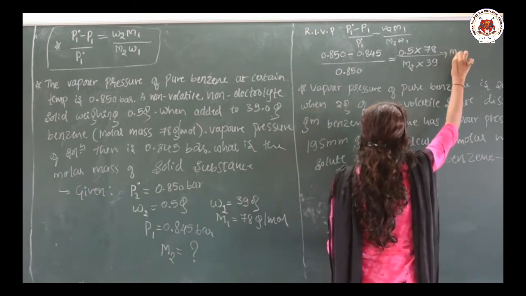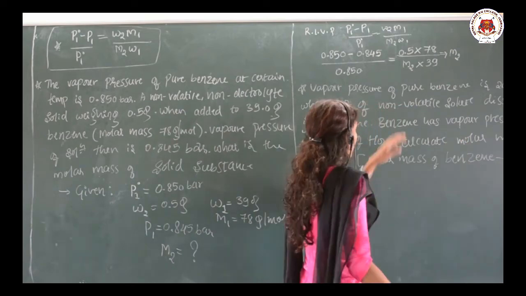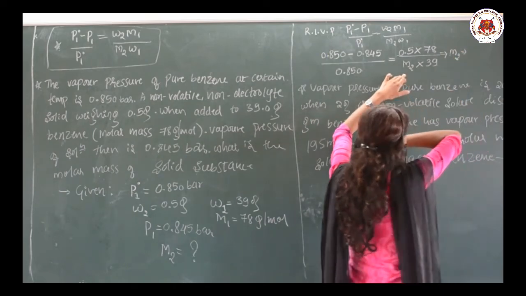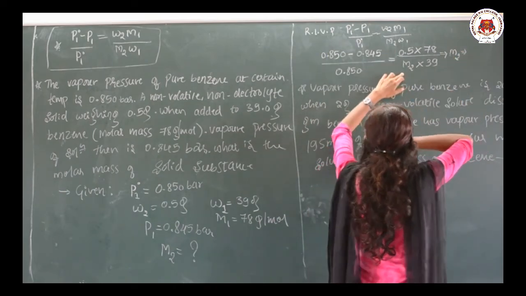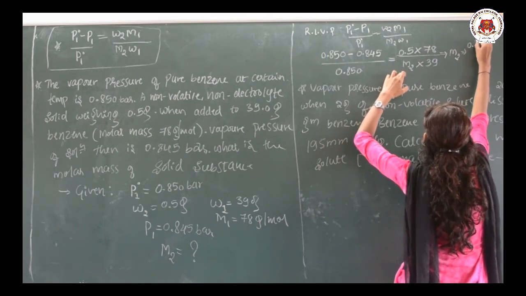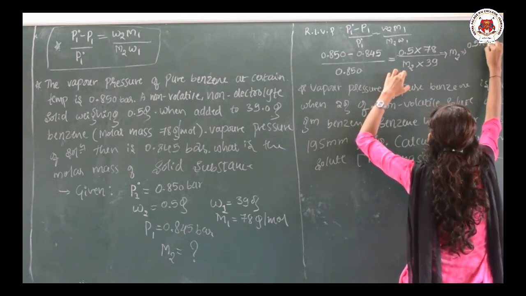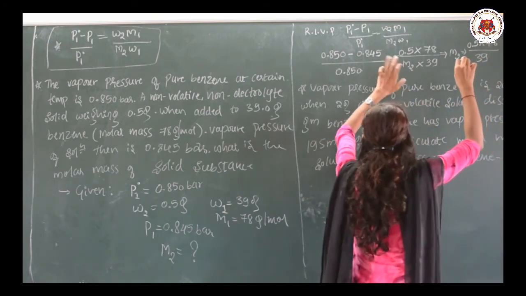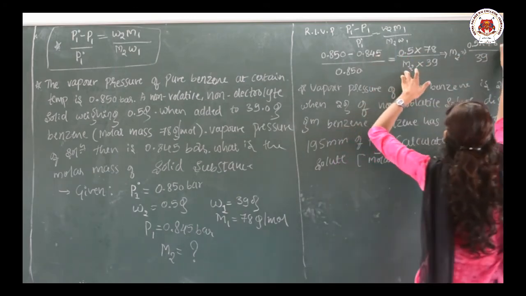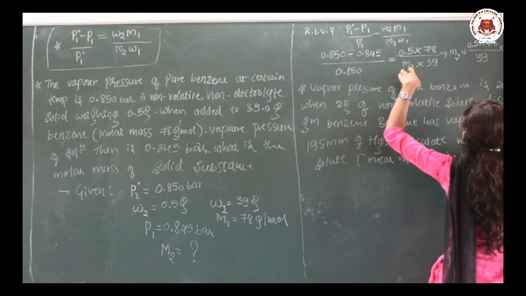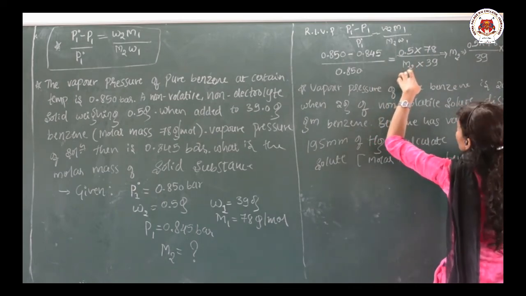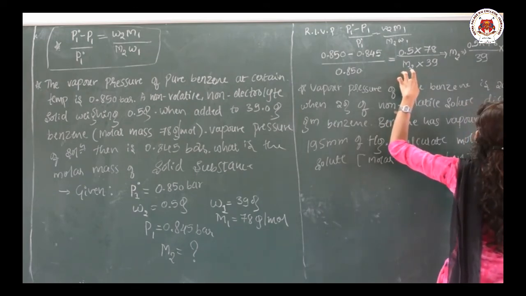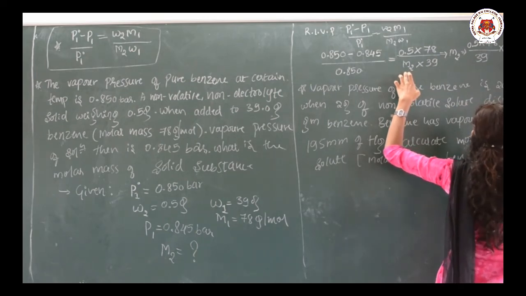Separate out the term M2. M2 is equal to 0.5 into 78 divided by 39. If it goes here, this will be cross multiplied into, divided by 0.845.